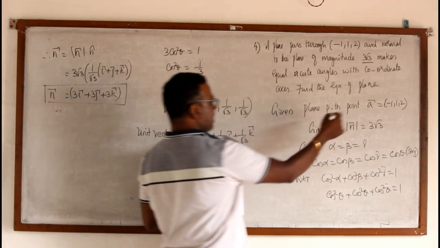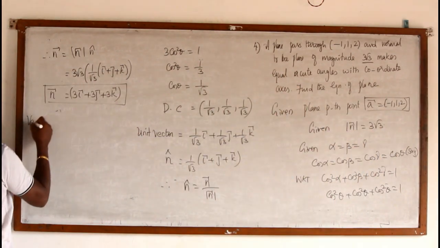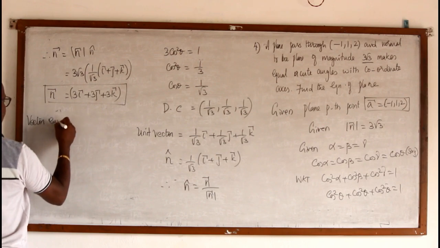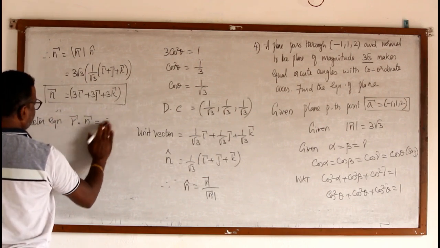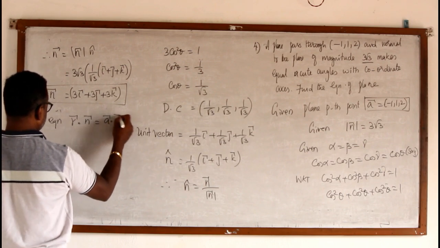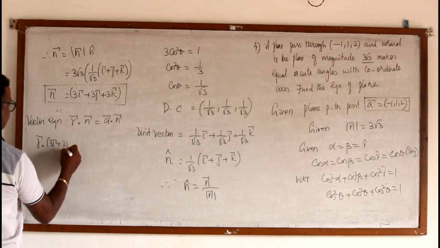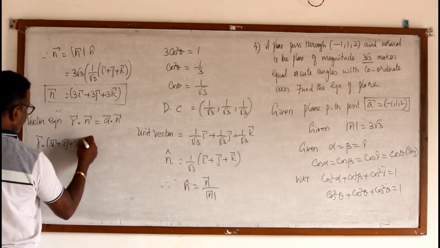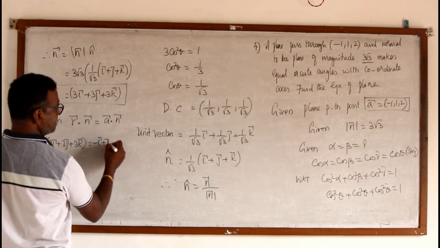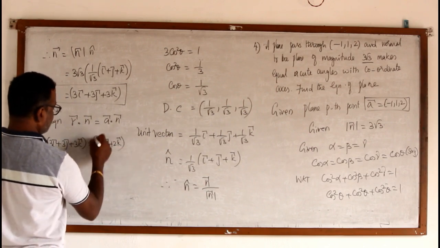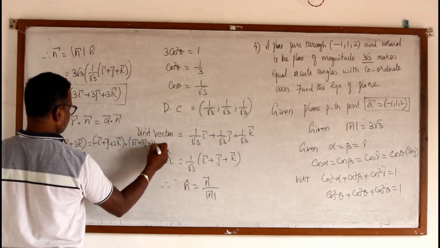Therefore, a vector is here and n vector is here. Therefore, the vector equation is r vector dot n vector equal to a vector dot n vector. That is r dot 3i plus 3j plus 3k equal to a, which is minus i plus j plus 2k, dot 3i plus 3j plus 3k.